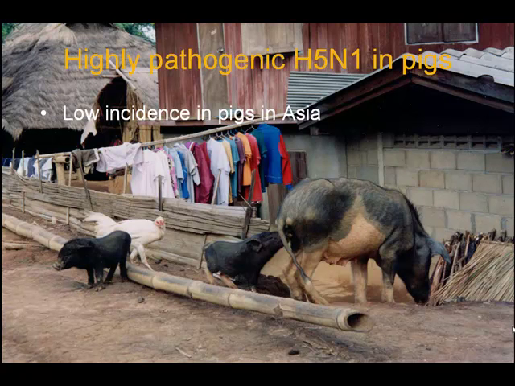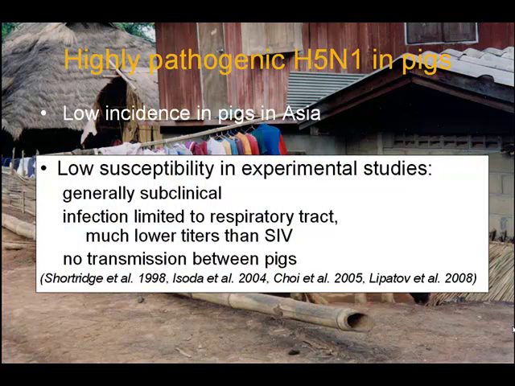H5N1 has also infected pigs in nature, but the incidence of H5N1 in swine in Asia has remained very, very low, even in regions with widespread outbreaks in poultry. And experimental studies have also demonstrated that pigs have a rather low susceptibility to H5N1.